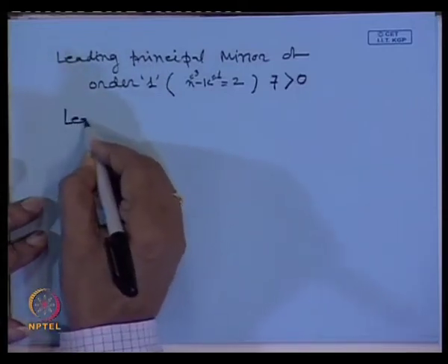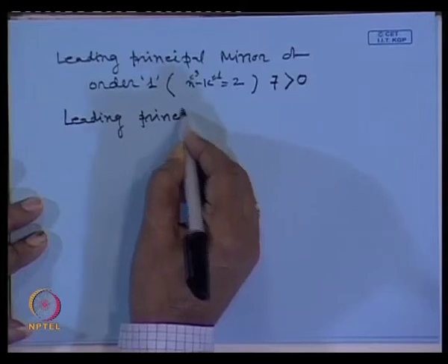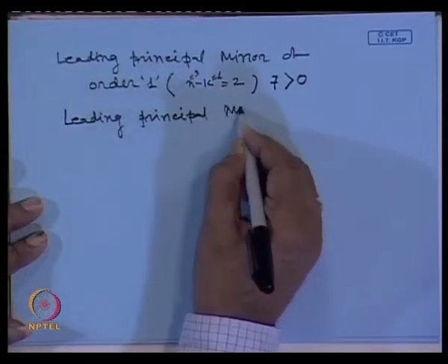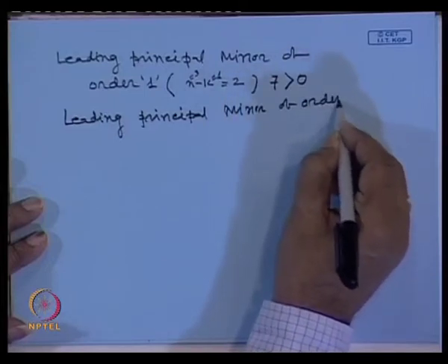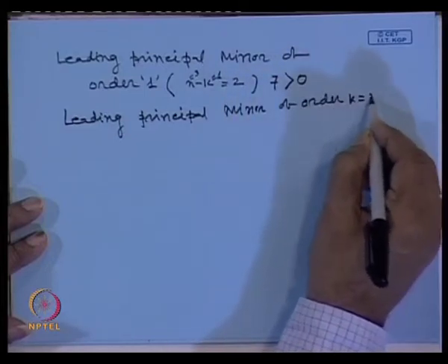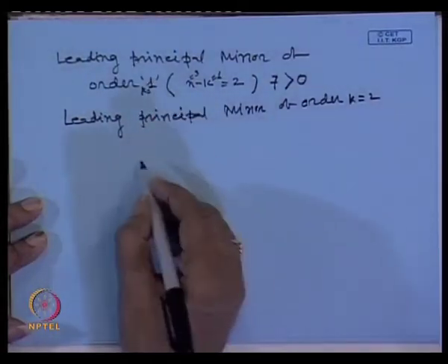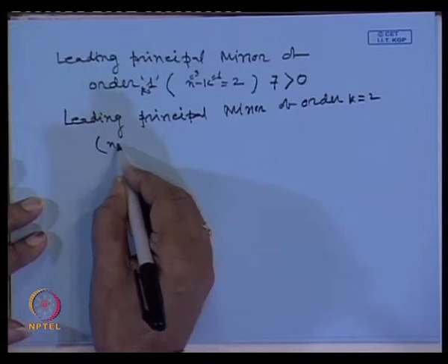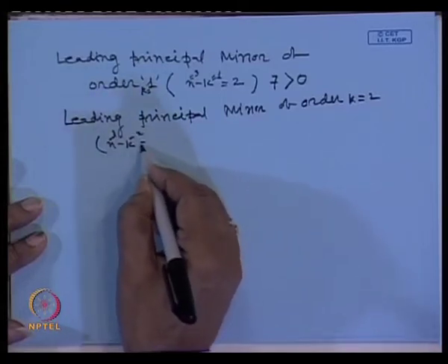Next is the leading principal minor of order 2, k is equal to 2. Then n minus k, n is equal to 3, k is equal to 2, this is 1.